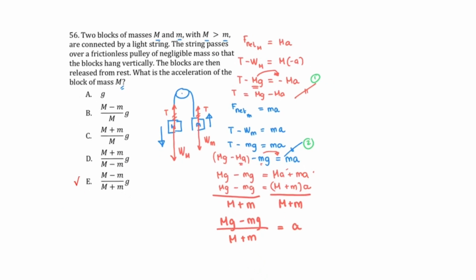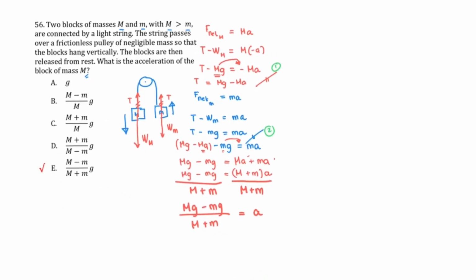Moving forward, we could further factor out the g on the numerator, so that I will have capital M minus small m multiplied by g divided by capital M plus small m, and that is equal to a.